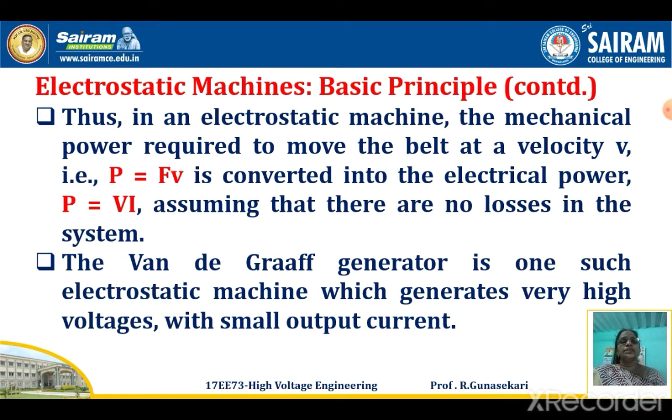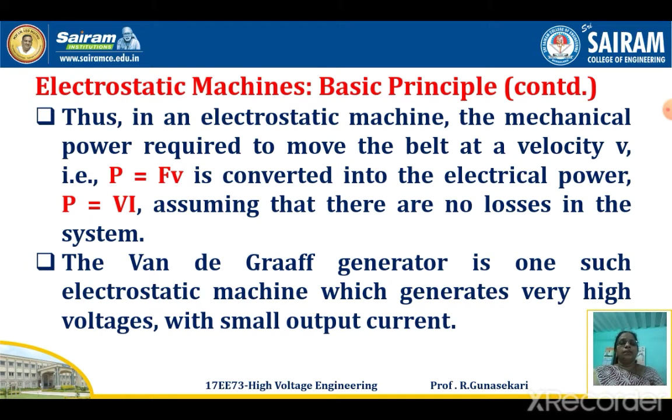In electrostatic machines, the conversion is mechanical energy into electrical energy, so what is the need of mechanical power in an electrostatic machine? The mechanical power is required to move the belt at a velocity small v. Therefore the mechanical power P is equal to force F into small v.